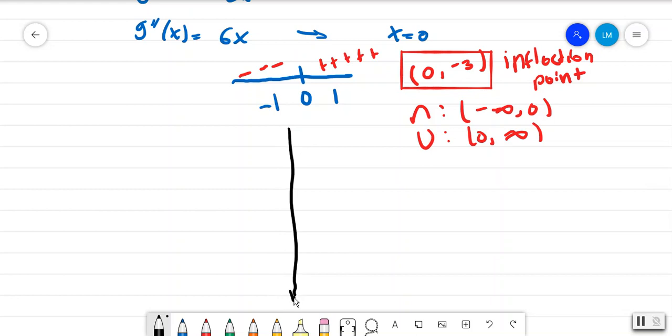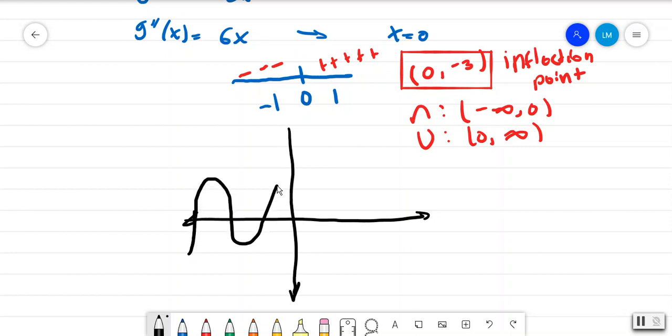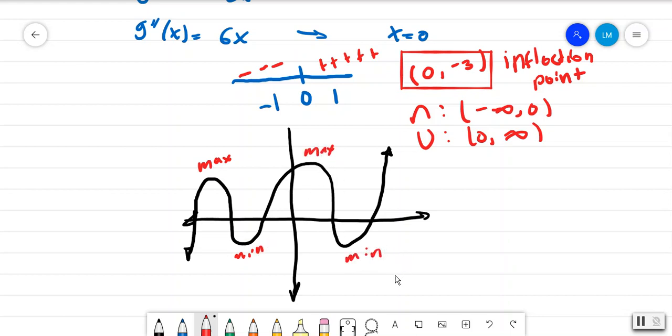The second derivative actually tells us more besides points of inflection. So notice that I have a max right there, I have a min, I have a max, and I have a min.